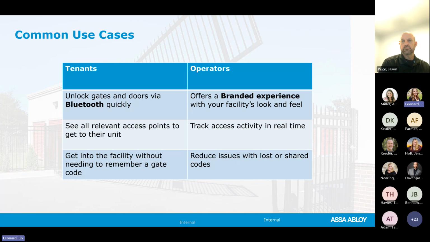And alongside Bluetooth, streamlined navigation enhances that tenant experience. When tenants open the StorID app, they don't have to guess how to get to their unit. They're shown only the gates, doors, or entry points that matter for their specific path. And lastly, StorID was built with the mind to forget the code and rely on technology to do its job.